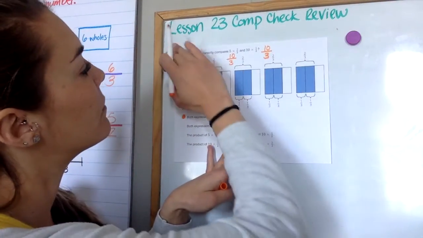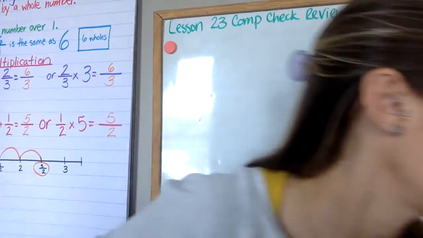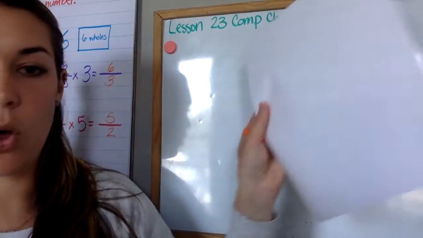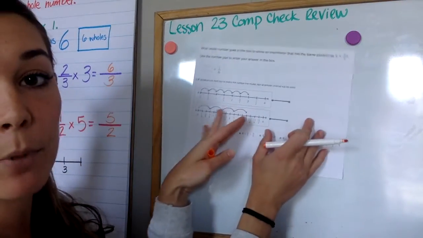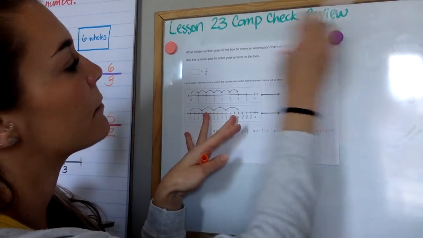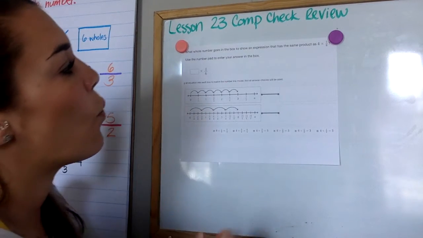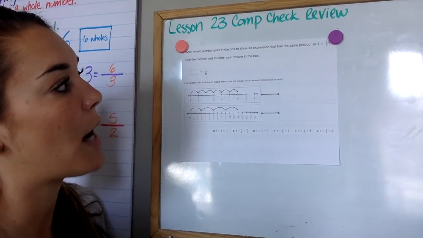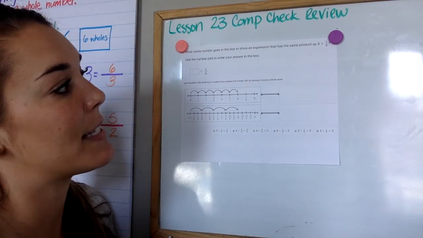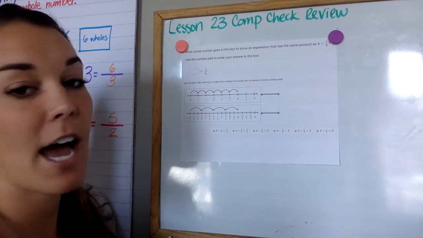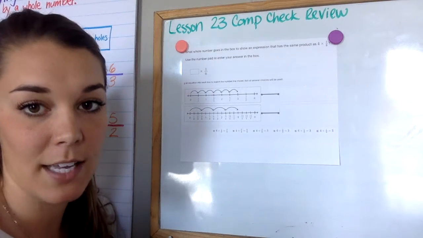Okay? Another one. You're going to see the old drag and drop problem. Okay? So this says, what whole number goes in the box to show an expression that has the same product as 4 times 5/6?